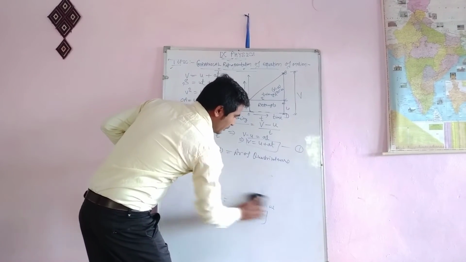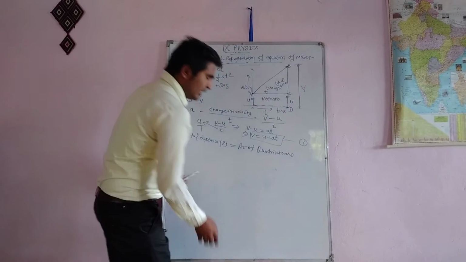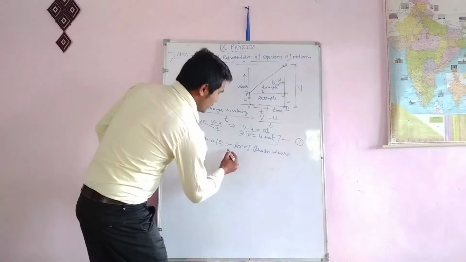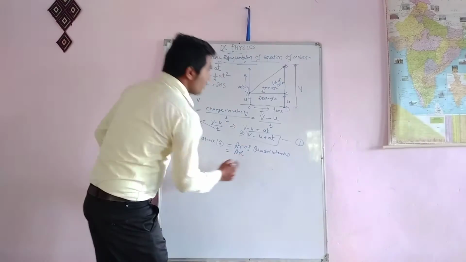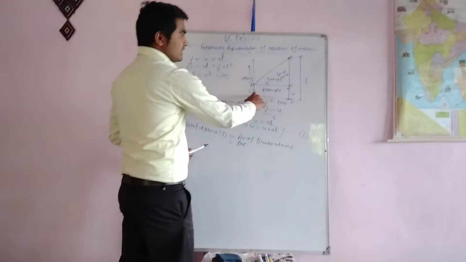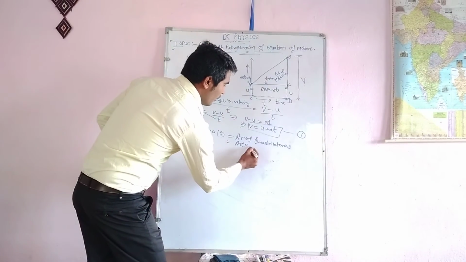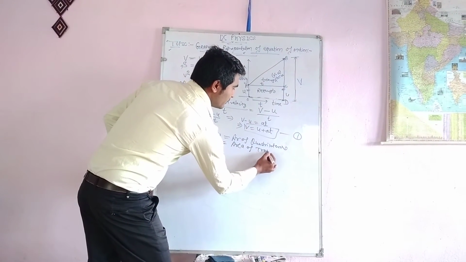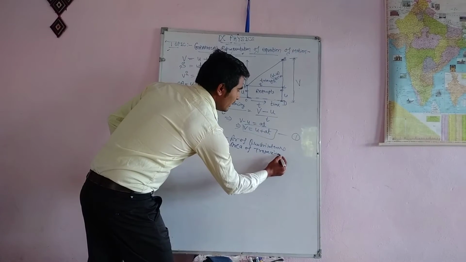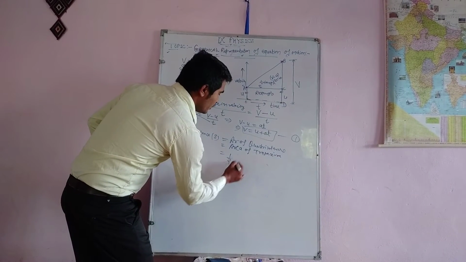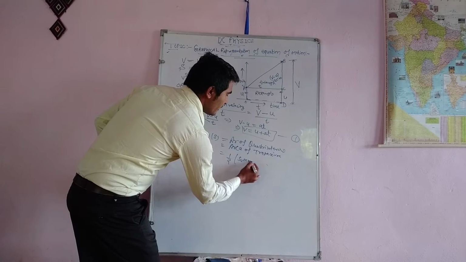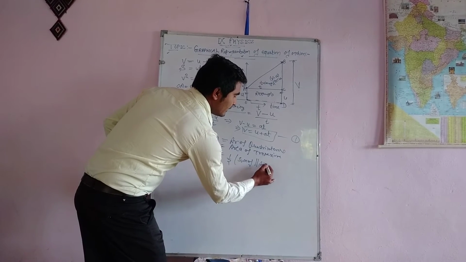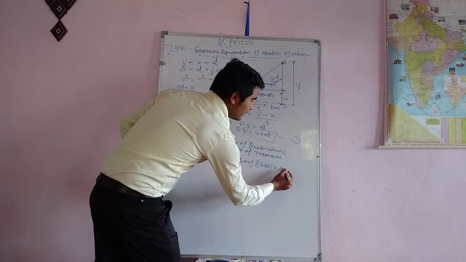Dear students, we know that a trapezium is a quadrilateral whose one pair of sides are parallel to each other. This side is parallel to this. The area of a trapezium is 1/2 times the sum of the parallel sides into the distance between them.